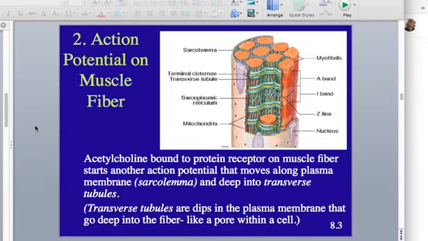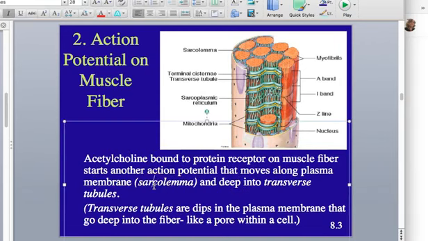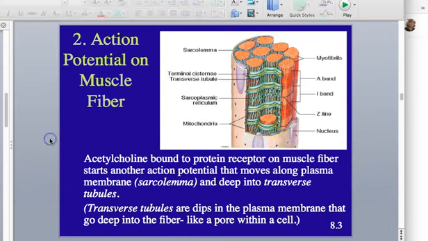So, what does acetylcholine do? Acetylcholine binds to a receptor on the fiber, and then it causes something else to happen. So, basically acetylcholine binds the outside of each fiber, and it causes what's called an action potential. And I'm trying to think of an easy way to explain this. There's not really a way.